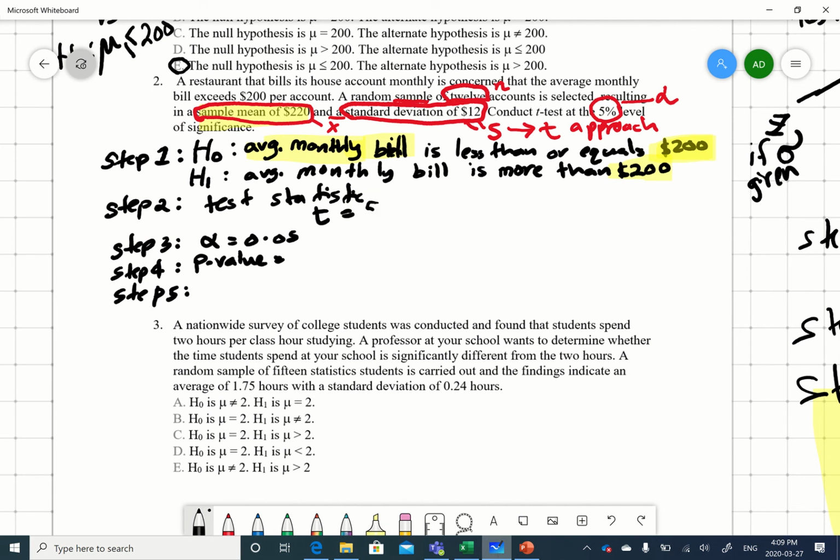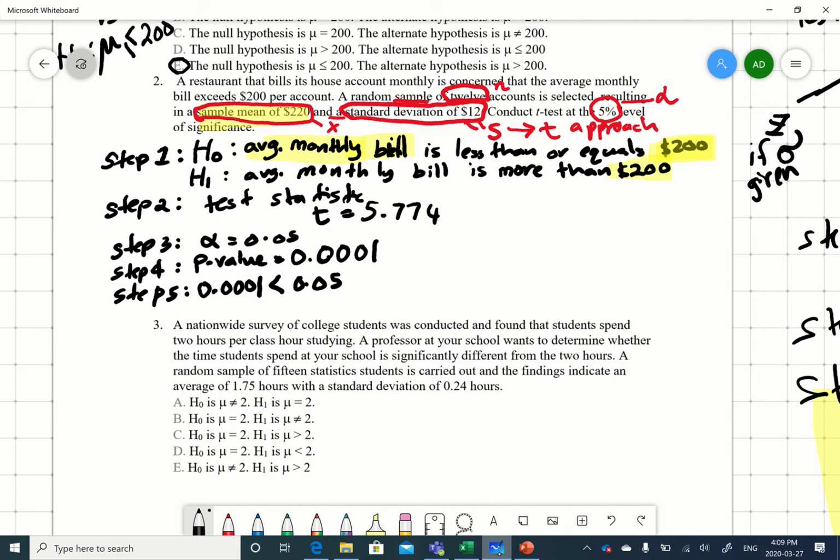And then p-value is 0.0001. Okay, and the last step is to compare p-value to alpha. So it's very obvious, 0.0001 is less than 0.05 alpha.